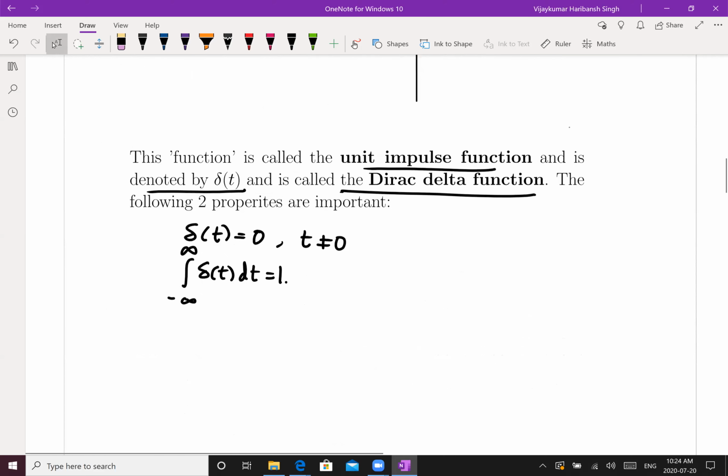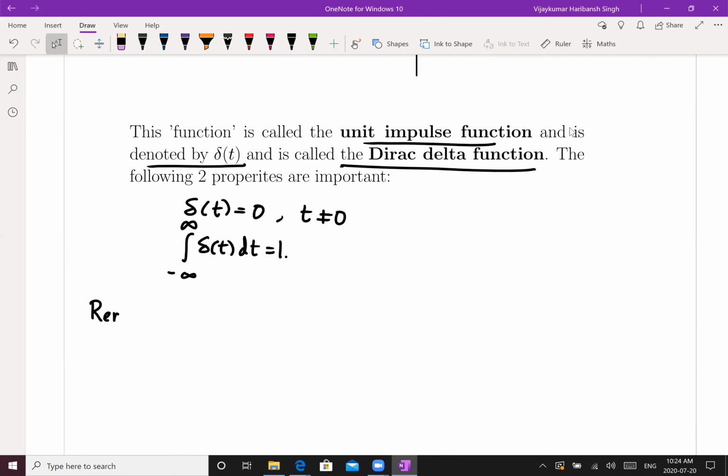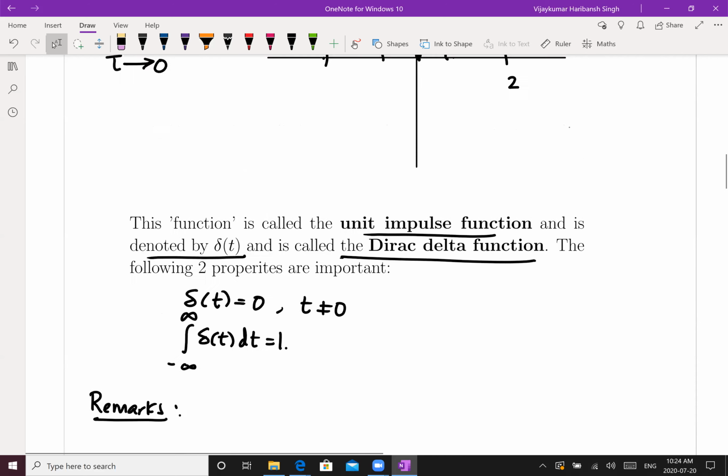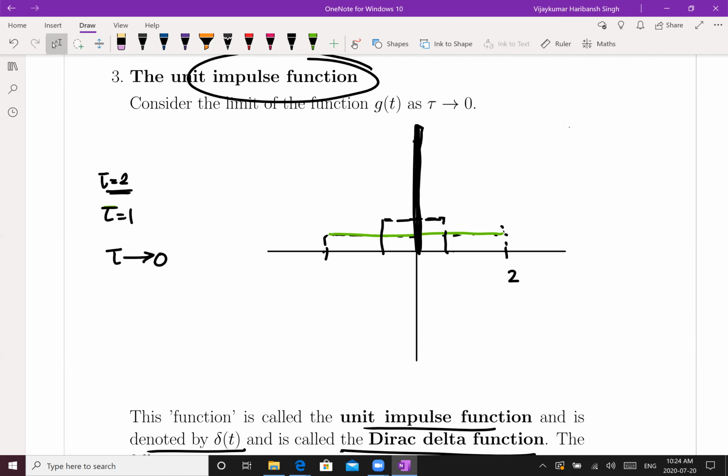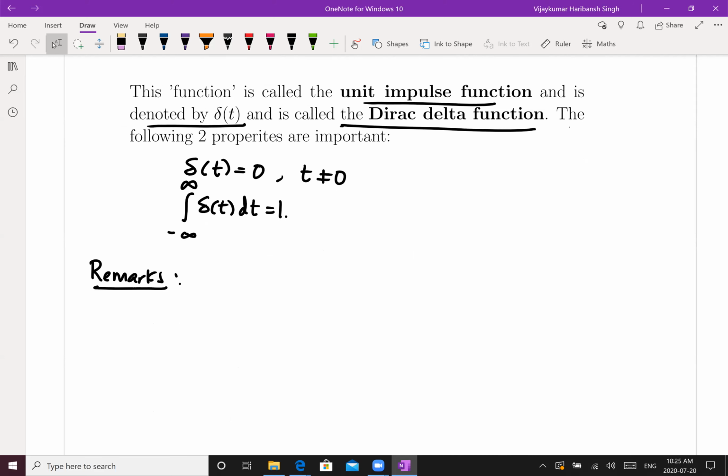Okay, a few important remarks. Because it makes sense from the physical aspect, you can have a function which acts on your system. Say you're ringing the bell, hitting it with a stick, and if you hit it once, that time interval could be really, really small. So it makes sense to talk about such an object.